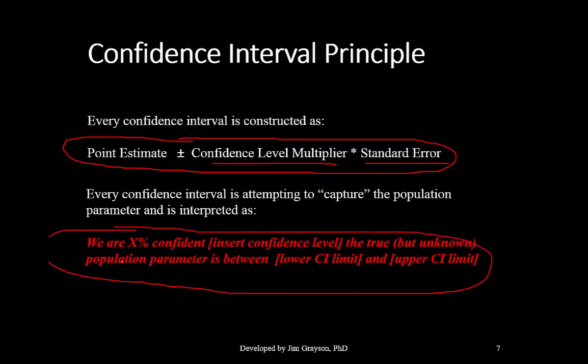We can say that, for example, we're 95% confident that the true but unknown population parameter is between that lower and upper confidence interval limit.